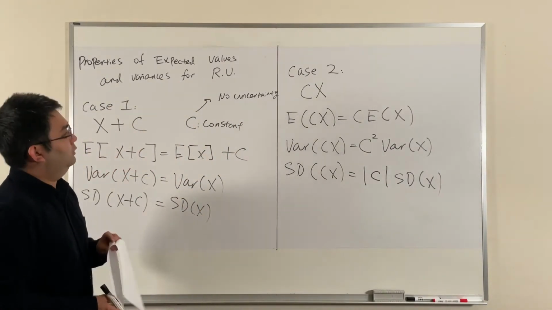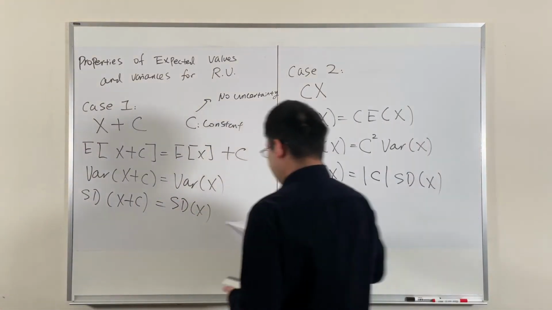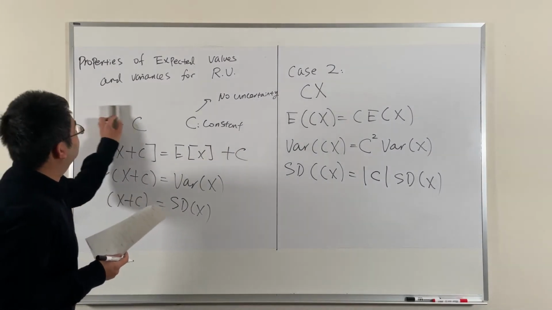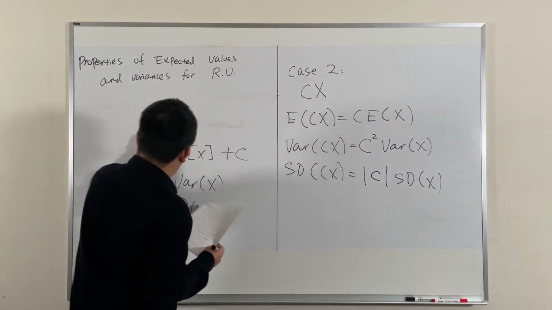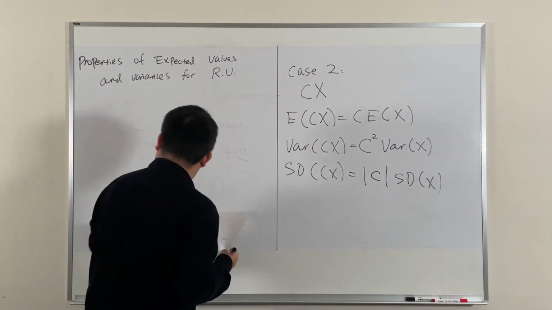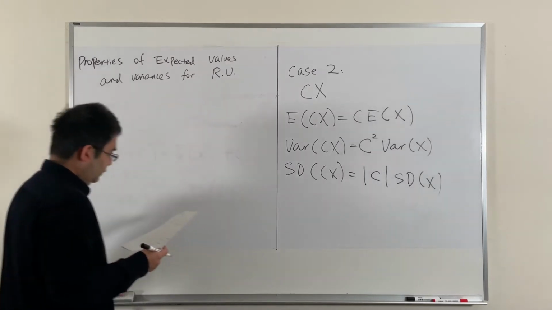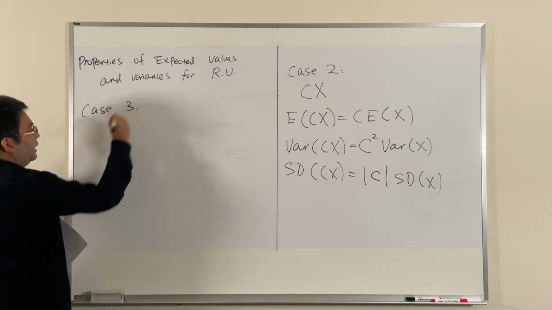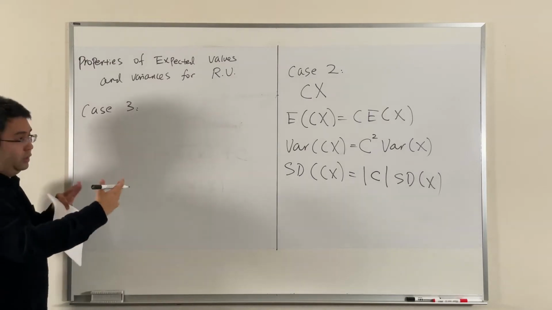Next, Case 3. Case 3 is when you have two random variables and you add them together.